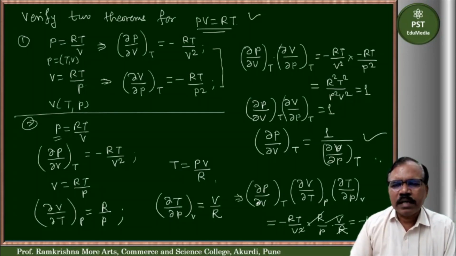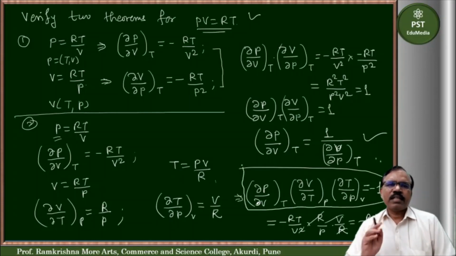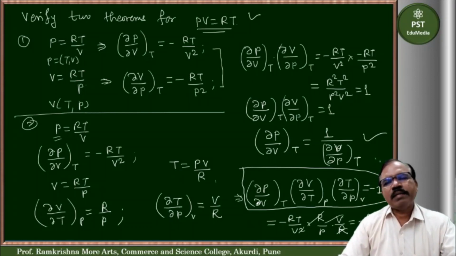So it is minus RT upon PV, and we know PV is equal to RT, so this is equal to minus 1. So the second theorem is also satisfied by thermodynamic variables. That's why these two theorems are very important in physics and especially in thermodynamics.